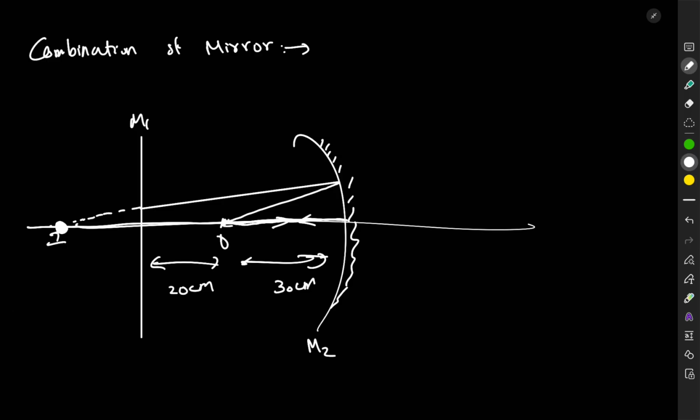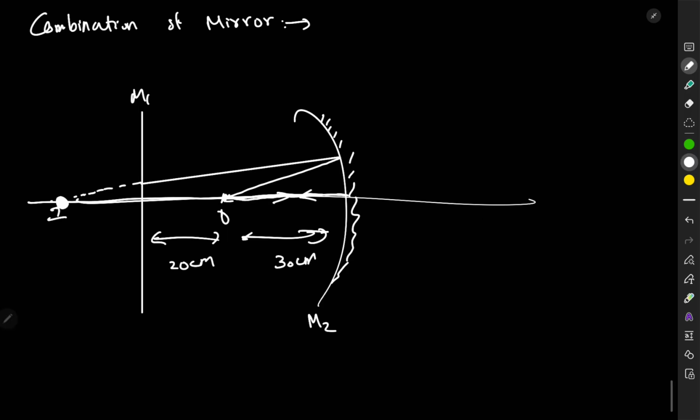Since we are asked to find the location of the final image, we know that u is equal to minus 30. This is the incident ray, right? So u is equal to minus 30, f is equal to minus 20. We need to find v.